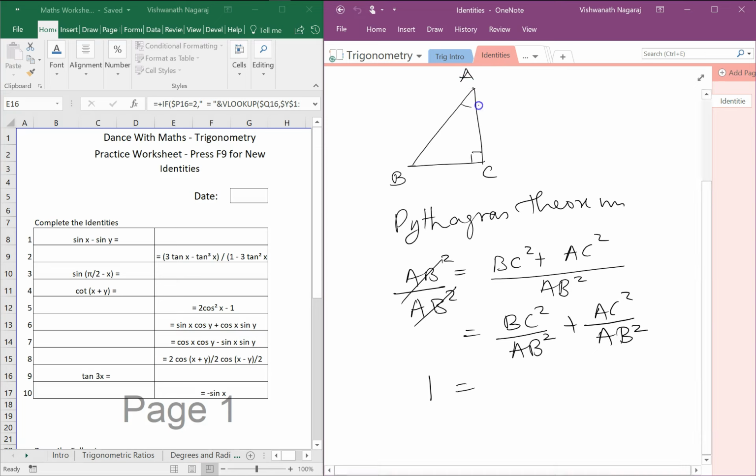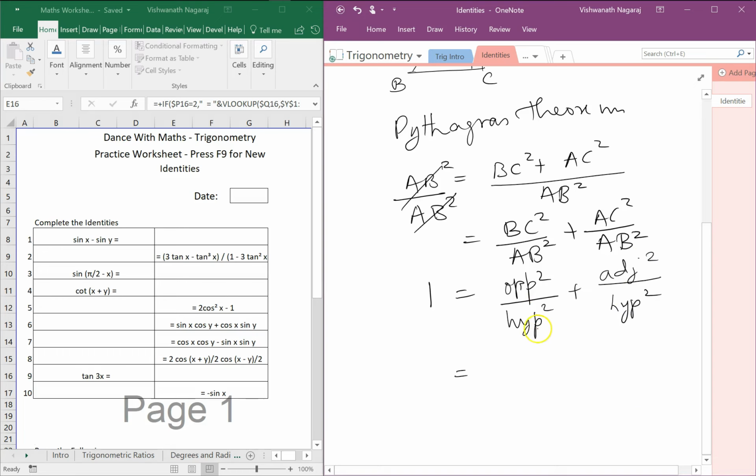So if we take angle A, BC square by AB square is equal to, BC square is opposite side, AB square is hypotenuse. So opposite square by hypotenuse square plus AC square is adjacent side, so adjacent square by hypotenuse square.